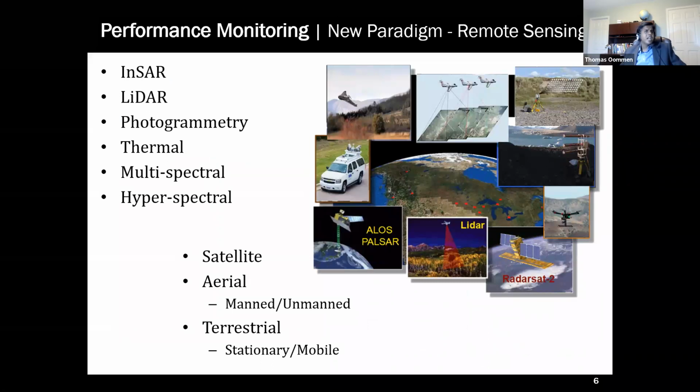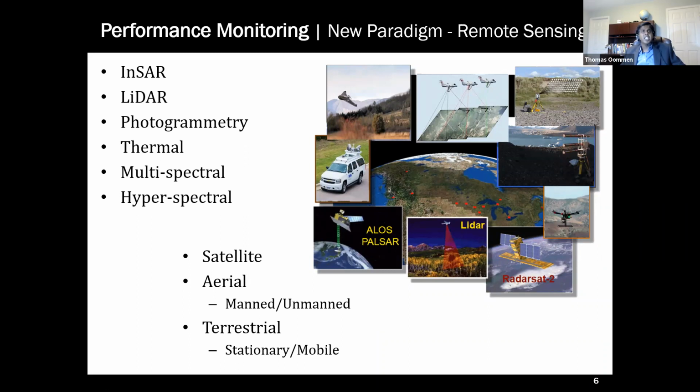So that is where I make that case that we do need a new paradigm using remote sensing for performance monitoring in geotechnical engineering, considering the uncertainties that we face. Now, what is remote sensing? Remote sensing is making measurements remotely without being in contact.